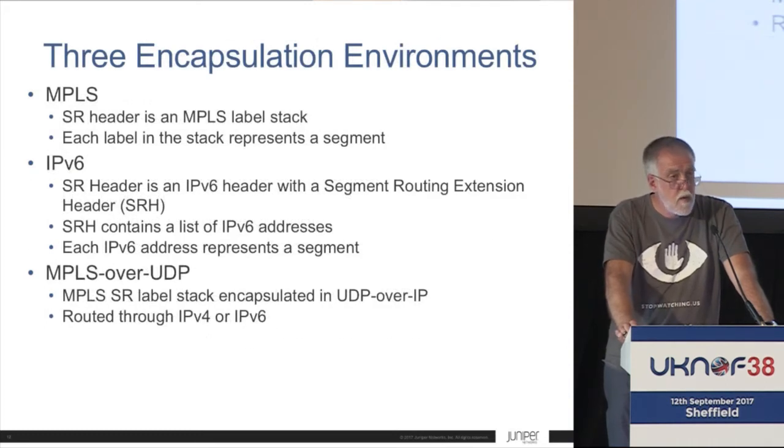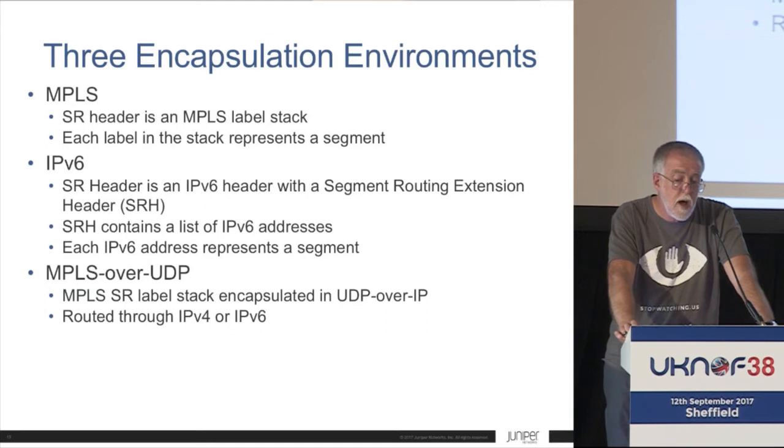And then we have to look at, well, how does this show up in the forwarding plane? We're putting the segment routing header into the packets, so we need to be able to do this in MPLS. And in MPLS, the segment routing header is simply an MPLS label stack, where each label in the stack represents a segment identifier. And we need to be able to do it in IPv6.